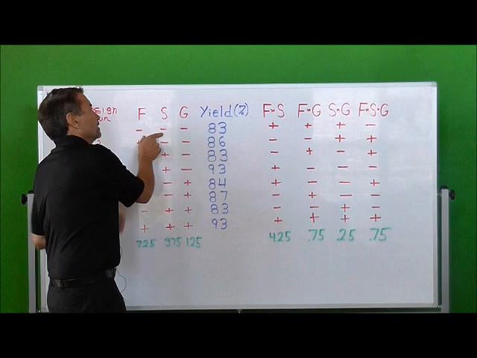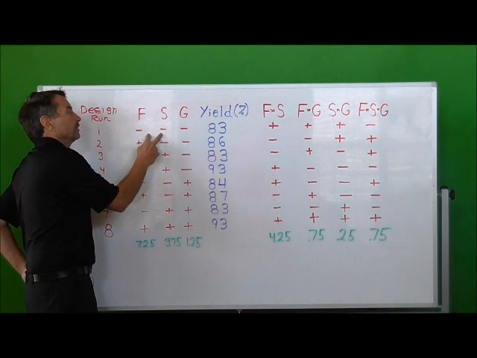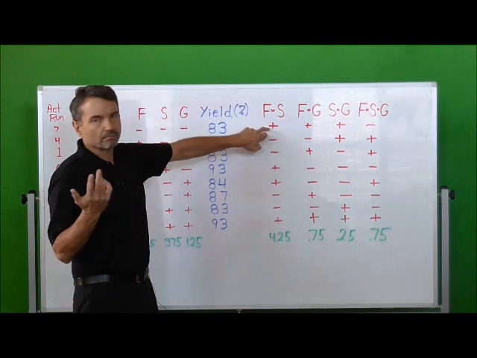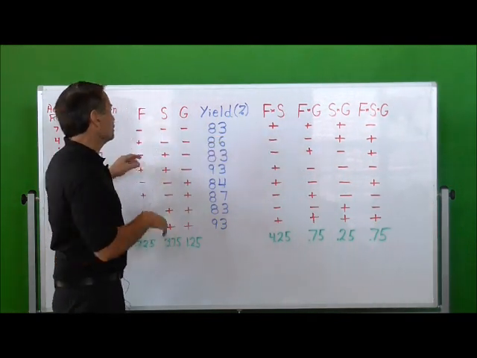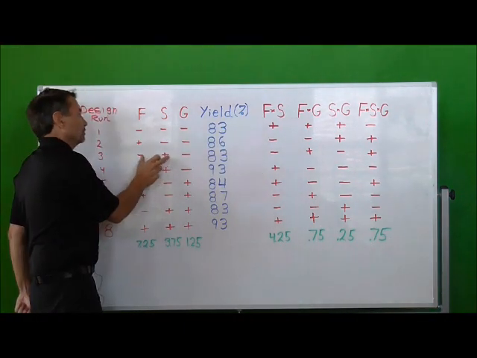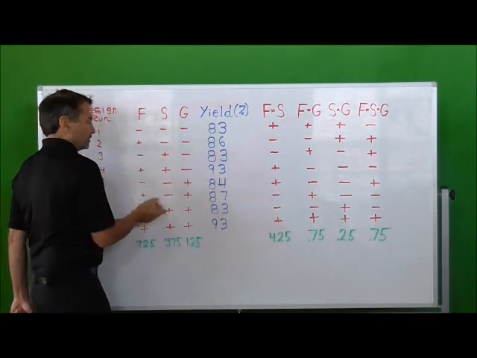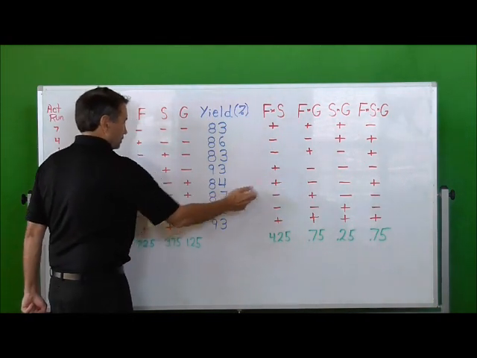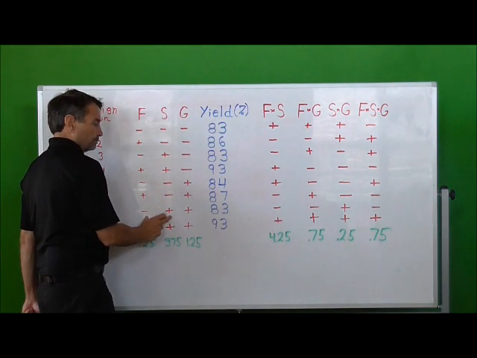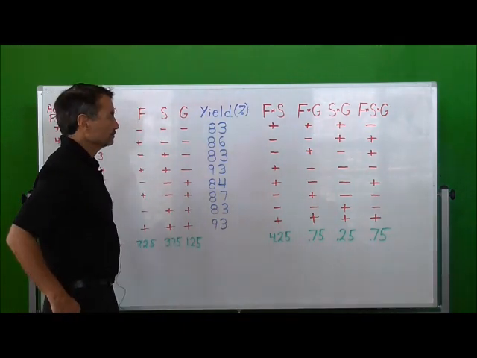All we're going to do is take the two variables, minus 1 times minus 1, and multiply them together. Minus 1 times minus 1 comes up with plus 1, and we'll record it as a plus over here. Similarly, a plus and a minus comes up with a minus, a minus and a plus is a minus, two pluses is a plus, two minuses is a plus, and a minus 1 times a plus 1 is a minus 1, and two pluses is equal to a plus.